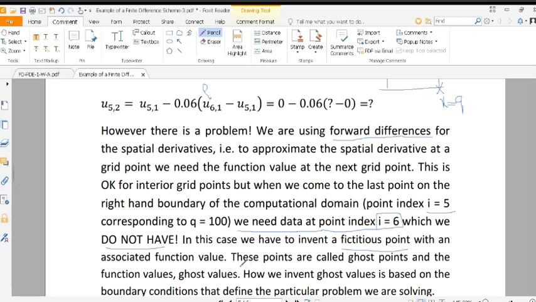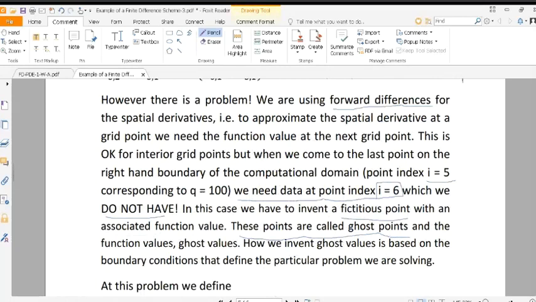These points are called ghost points. We need this ghost point to compute the value of u at the right boundary of the domain. The ghost value is different from problem to problem, and the value of the ghost point is based on the boundary condition.